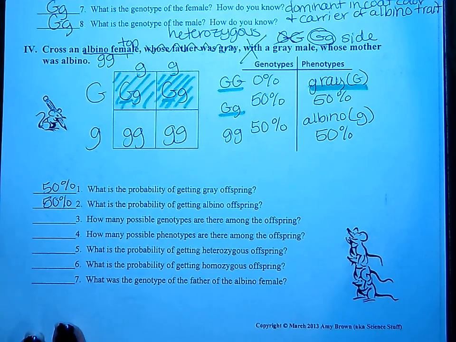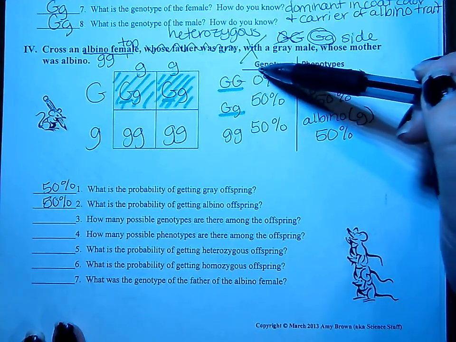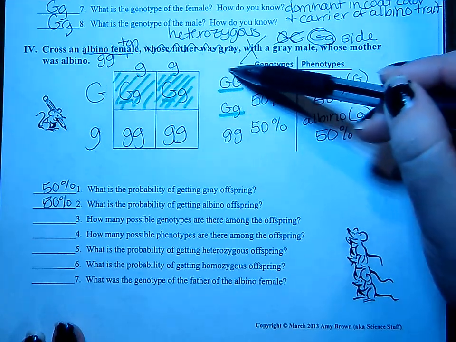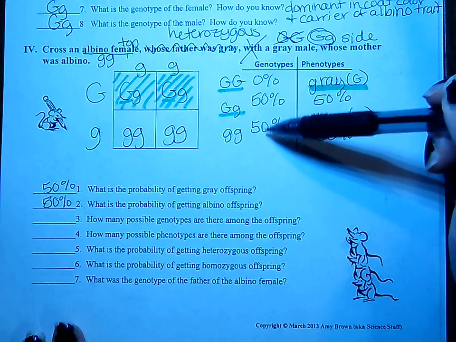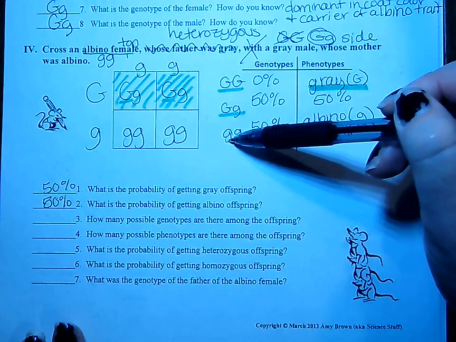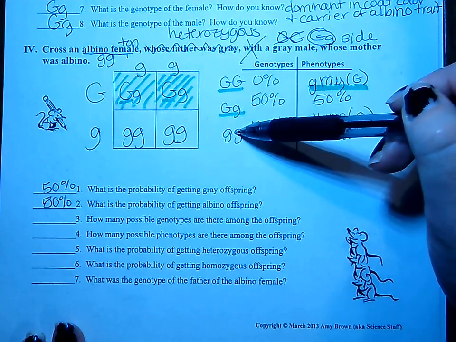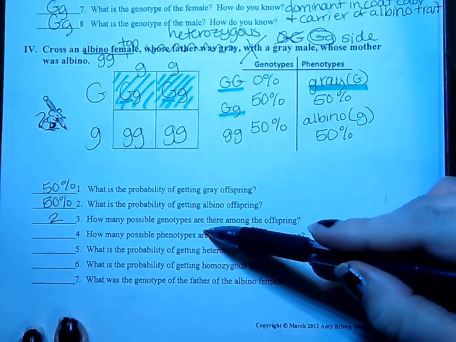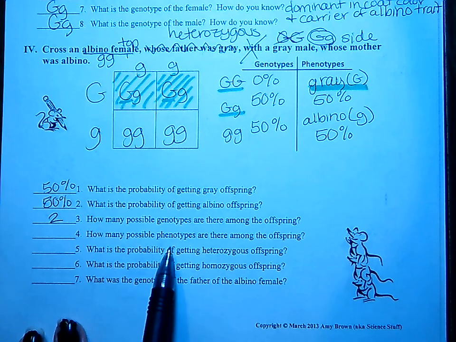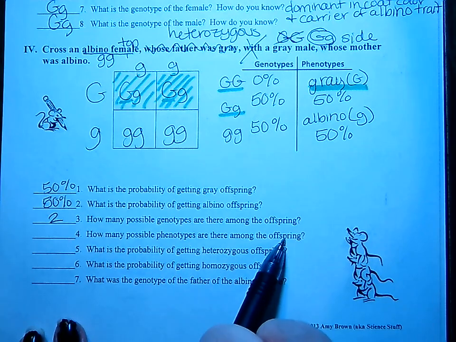Number 3, how many possible genotypes are there among the offspring? Well, we have none for the genotype of homozygous dominant, but we do have values for the other 2 possibilities. So we have 2 possible genotypes. For phenotypes, for number 4, how many possible phenotypes are there among the offspring?